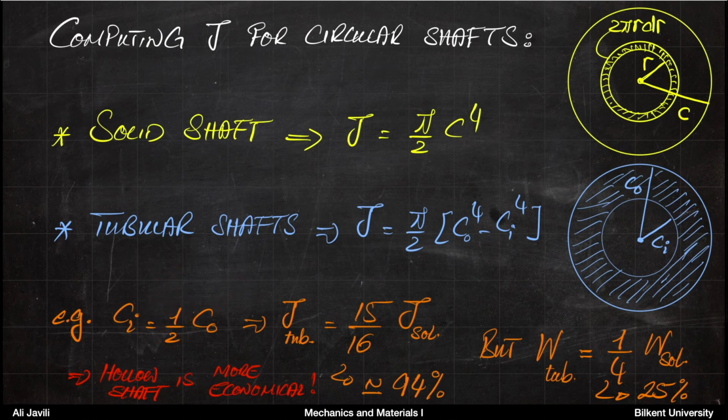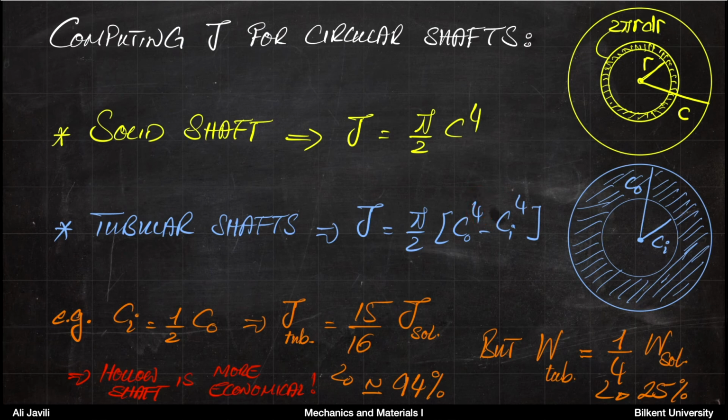So if we want to compare a solid shaft with a tubular shaft such that for the tubular shaft Ci is half of the Co, then the polar moment of inertia for the tubular shaft is almost 94% of the solid shaft, because pay attention that this goes with the power 4.